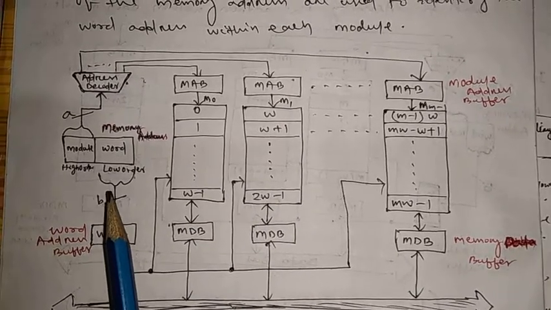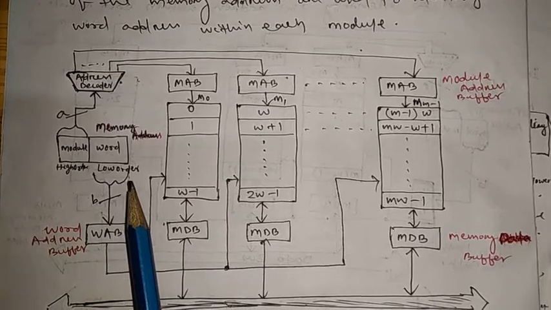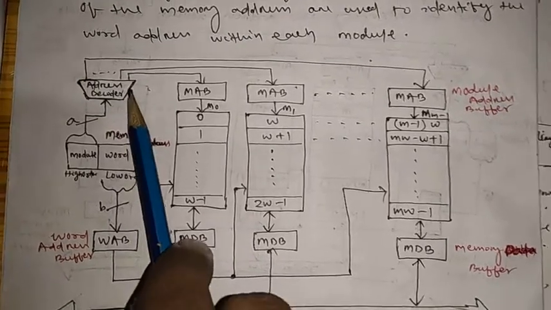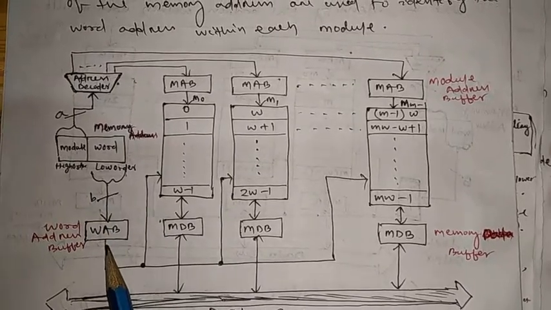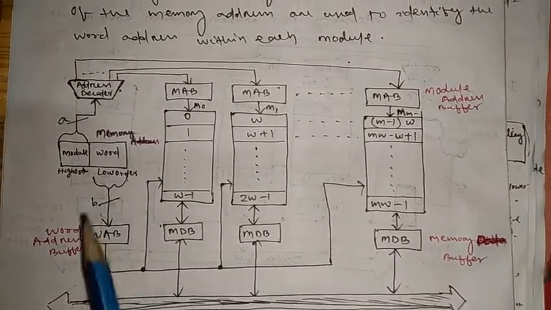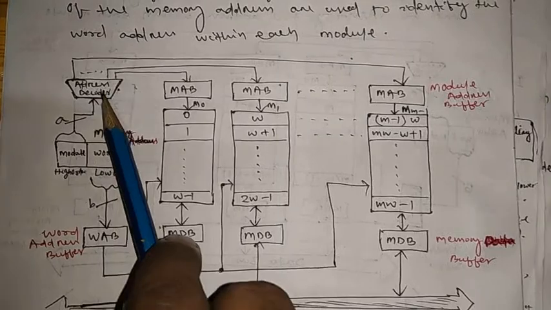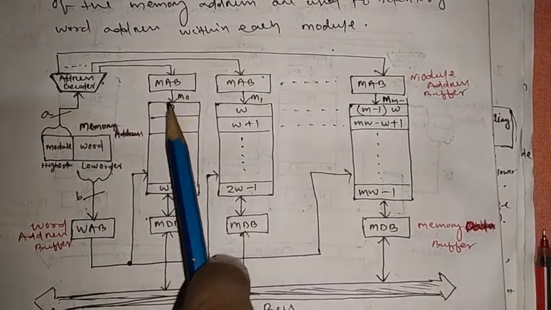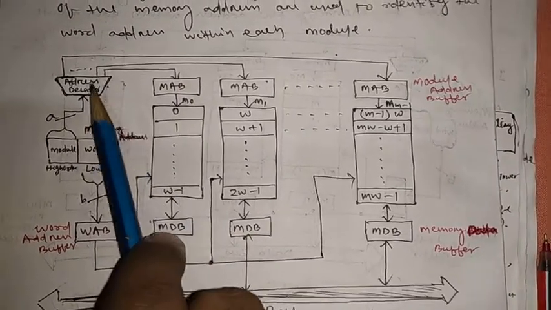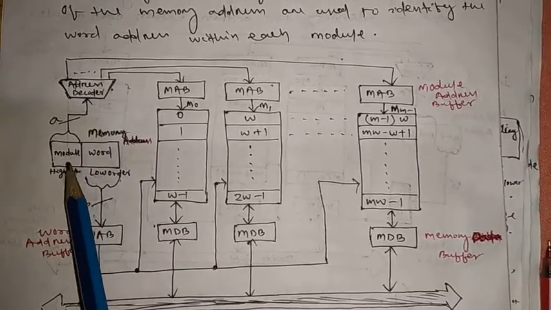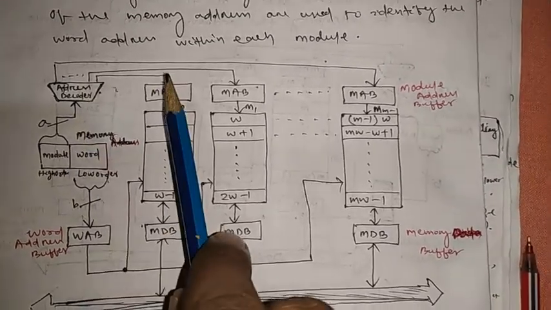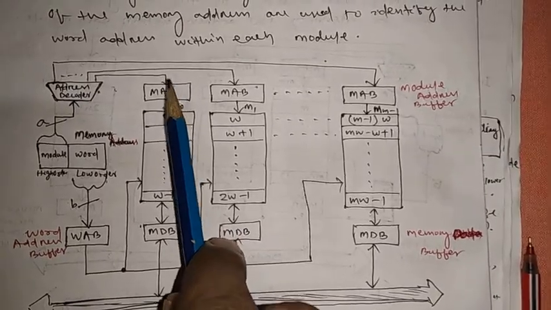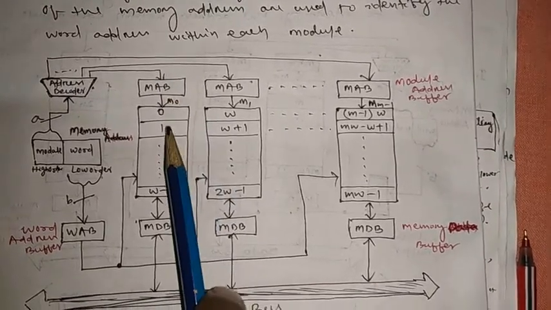But in the case of low order interleaving, the low order bits are passed to the address decoder, and the high order bits are passed to the word address buffer. Here the high order bits A are passed to the address decoder to find the corresponding module.